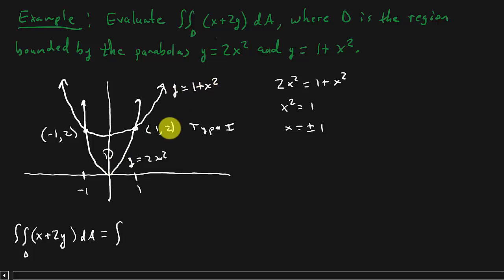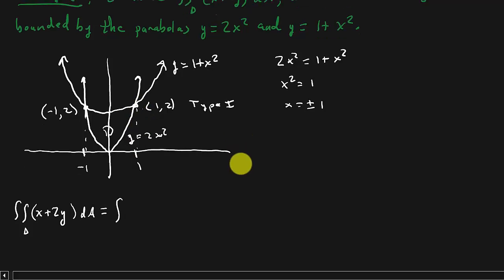See, y equals 1 plus x squared, y equals 2x squared. But now, that's when we're going along the y-axis. Okay, you can see it's bounded by these functions here. Now, when we're going along the x-axis, you can see, well, we've got a point here. This is -1 and this is 1. So we know we're going to have -1 to 1.